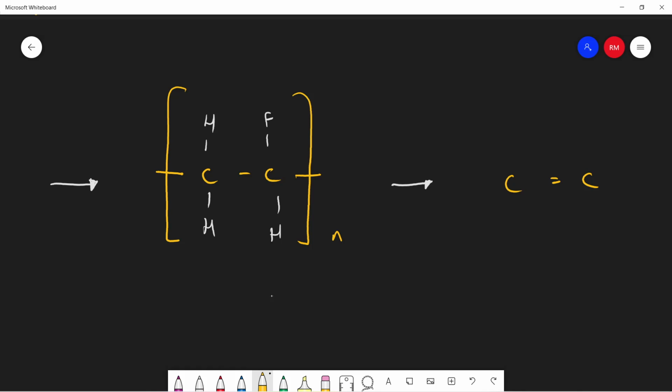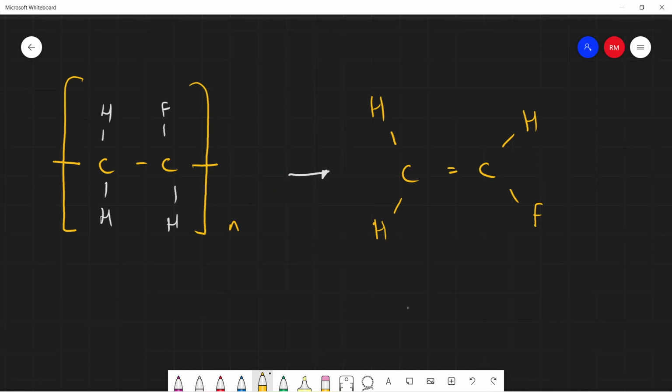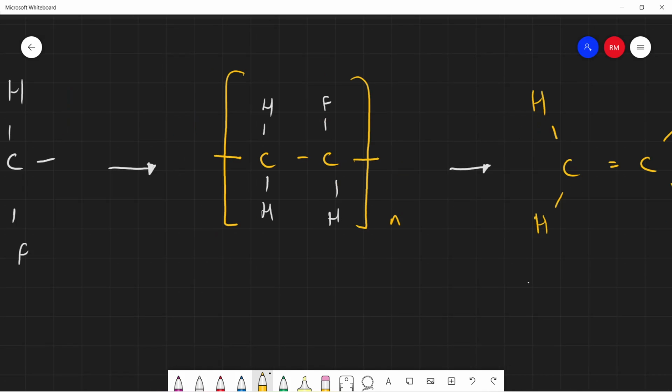It's going to be an alkene, and we can just fill in the atoms, the hydrogens and fluorines here. And so, I mean, you could argue that this would be here, but I don't think it matters too much. We're going to do it anyway, just to be 100% correct here.